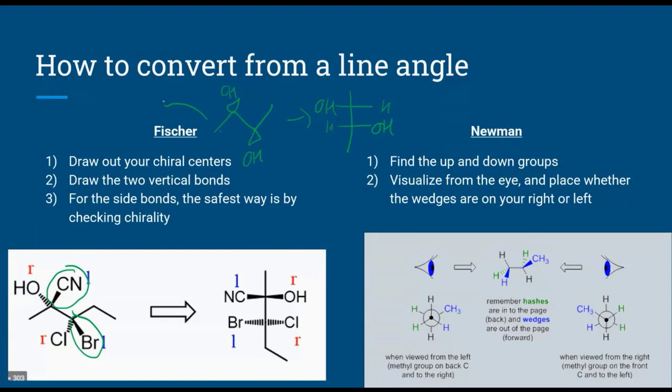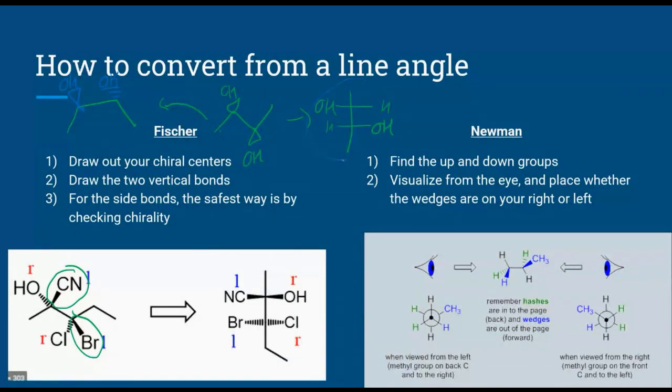This happens because the correct way to draw a Fischer projection is to look at it like this, where these two groups right here have to be pointing downward. So when you do this, this group will stay the same, but this becomes a dash instead.